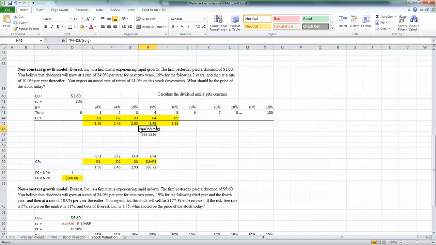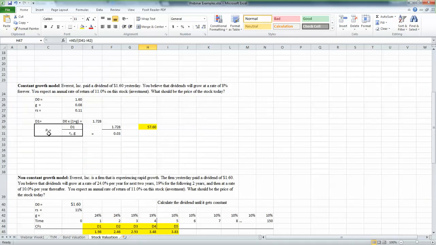So basically, I just plug the number in this formula. If P0 equals D1 over RS minus G, then P4 is going to be D5, right? If I want P5, then I need D6.